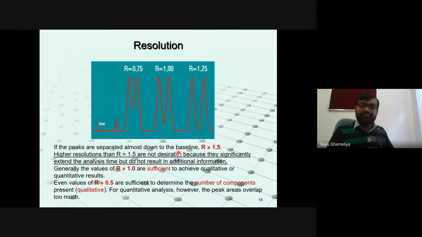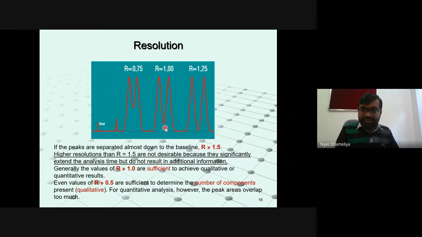This is also another diagram which tells you that if resolution is less than 1, peaks will not be separated completely. At a resolution of 1, peaks will be almost separated, though a little deficiency remains. But if resolution is 1.25, both the peaks are separated.